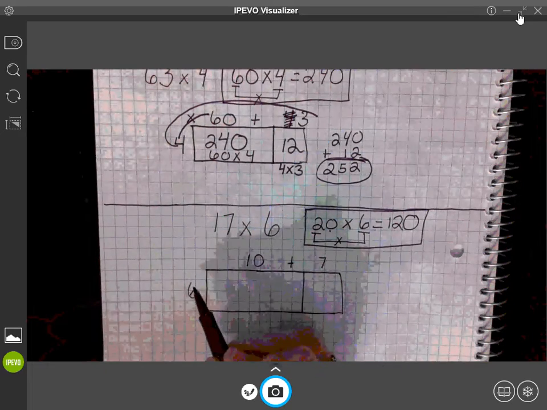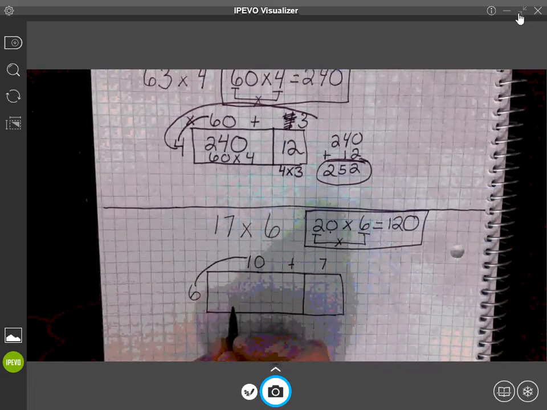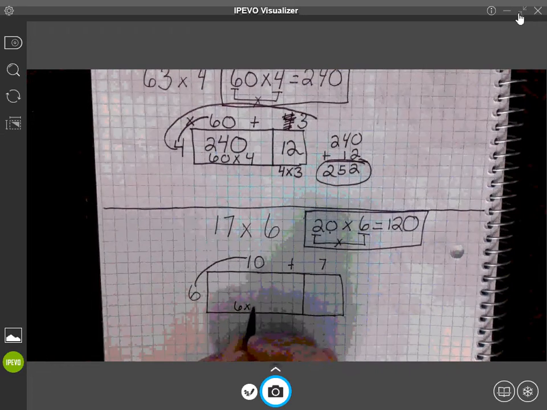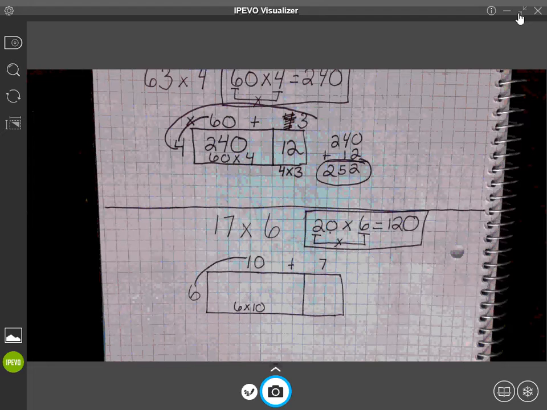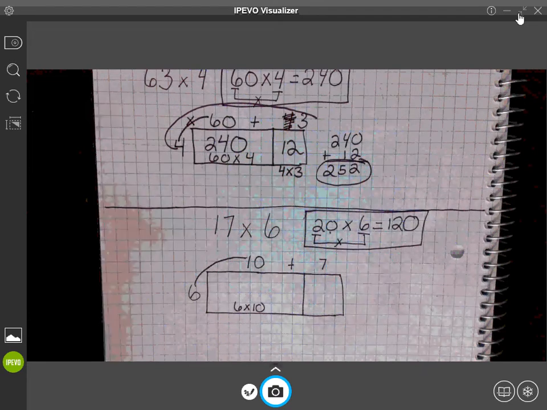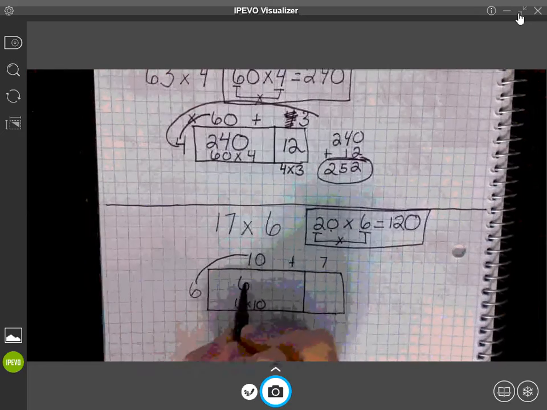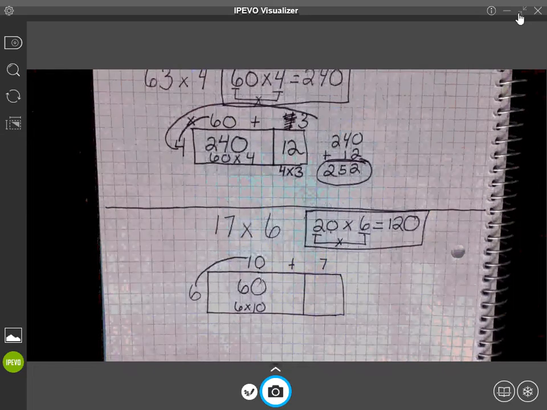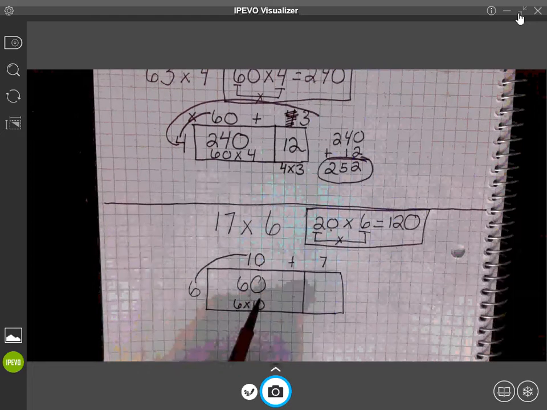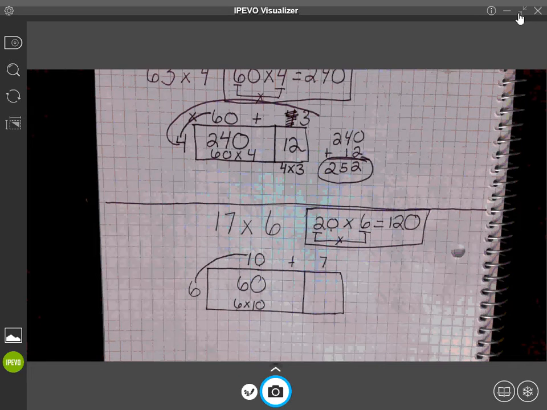Now here we go. We're going to do 6 times 10. So that first equation for that first box is 6 times 10. Now what is 6 times 10? 60. You did the 6 times 1, which gave you 6, and a 0 from the 10. Can the 6 give a 0 here? No. So the answer is just 60. Okay?